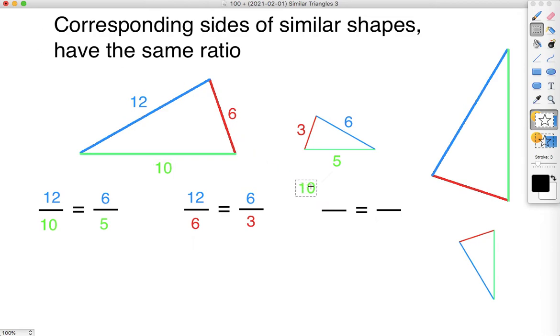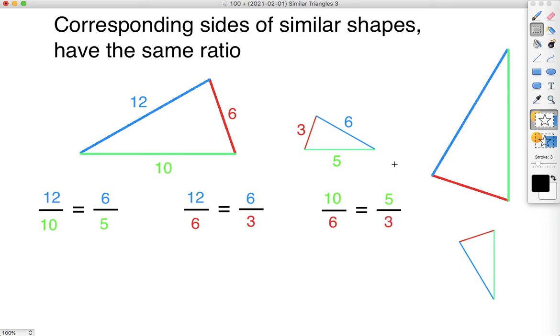This 10 over this 6 is equal to the corresponding sides on the little one. So the 5 matches the 10. This 3 matches the 6.